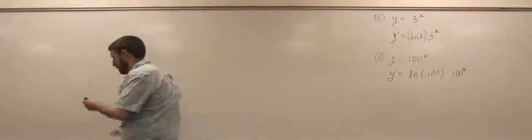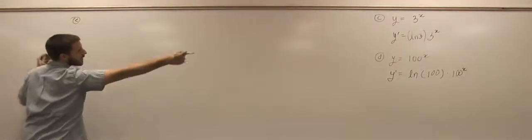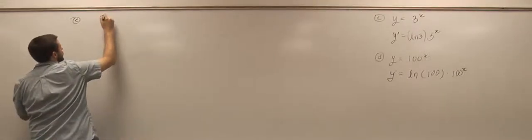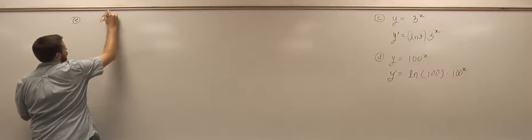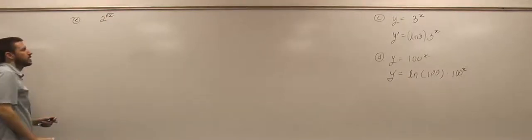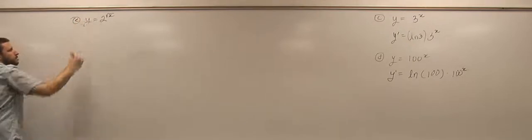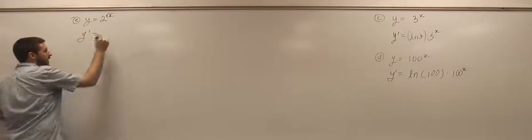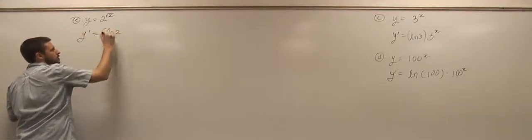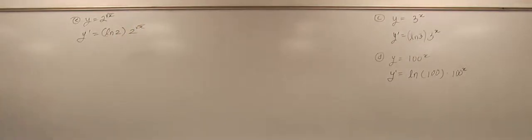We'll do something like 2 to the root x. This is my function y. So the derivative y prime will be ln2 times 2 to the root x times the derivative of root x. Right?